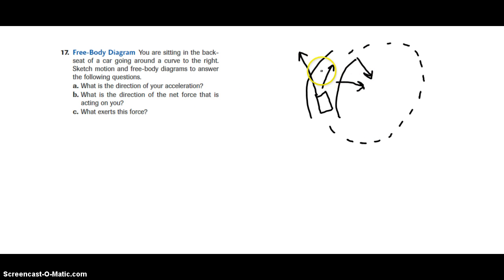So that's also the direction of the net force. The acceleration is to the center, so the net force is also to the center, or you could say to your right, since that's pulling you towards the center of that imaginary circle. And what's exerting this force?